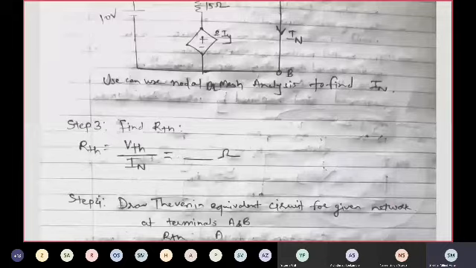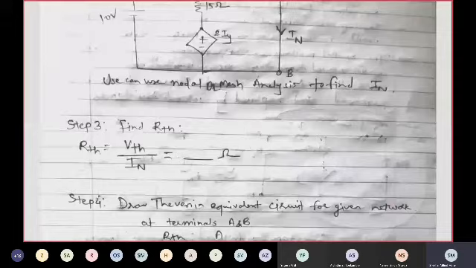In BEE, Thevenin's theorem was with only independent sources, so we only find VTH and RTH. For calculating RTH, we replace all the voltage sources and current sources by their internal resistances. Then we get the values of VTH and RTH.